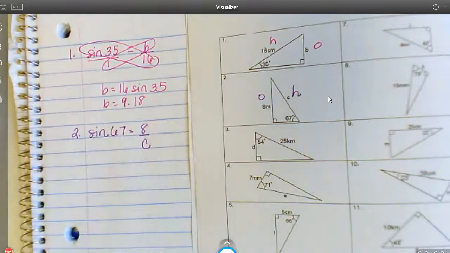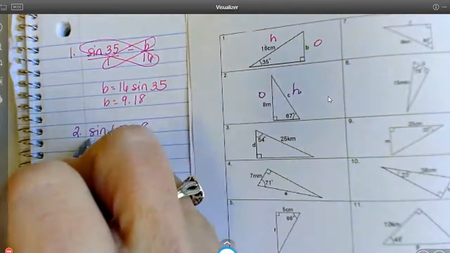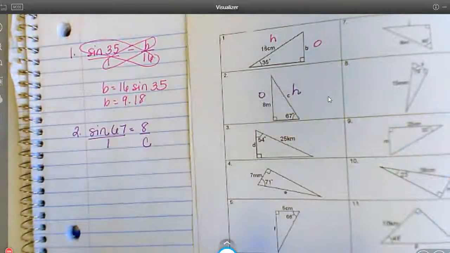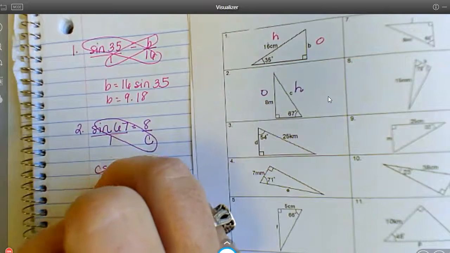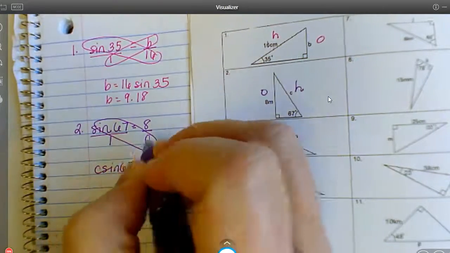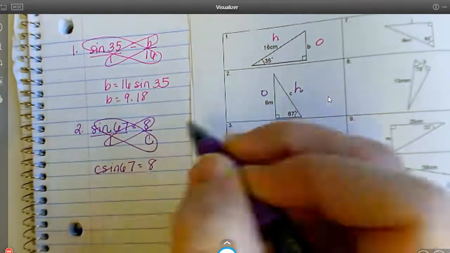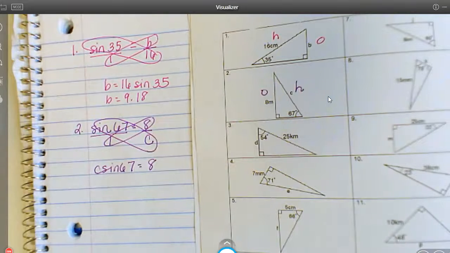We still want to cross multiply, so put it over 1. Our C is with the sine of 67, so C comes first. 8 times 1 is 8, so we've got that. It's a little different from the one we just did because our numbers are not all together.